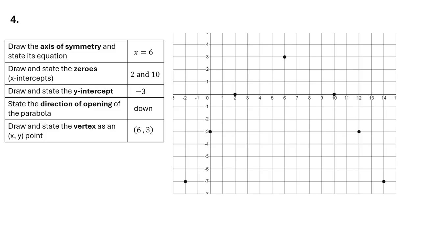Question 4, we're told that the axis of symmetry is 6. So there's our imaginary line. Our equation is x equals 6. We're told that the x-intercepts are 2 and 10. Plot those and label them. Our y-intercept is -3.